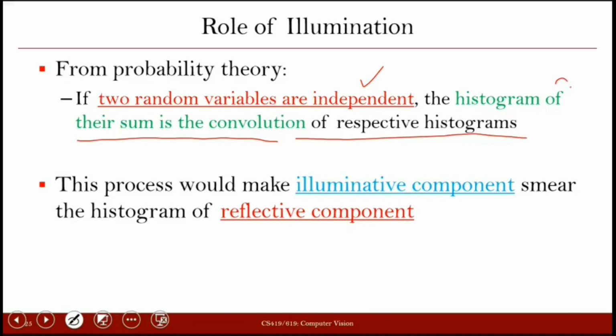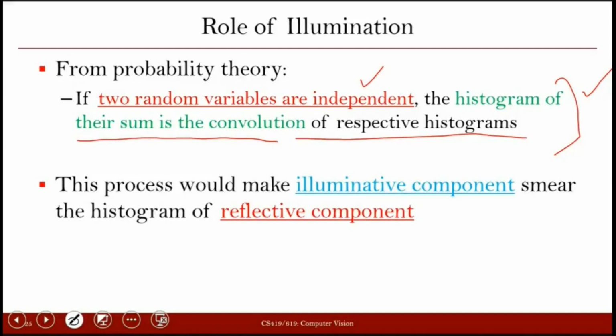We are going to use this. It says that if you have two random variables and you are trying to find the histogram of the sum of these variables, the histogram of the sum is going to be the convolution of the histograms of the respective variables.